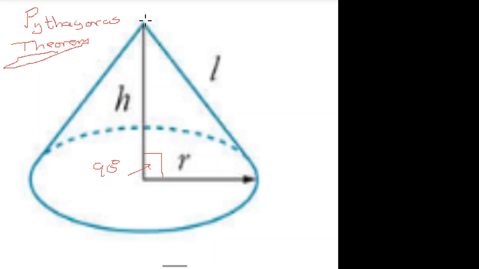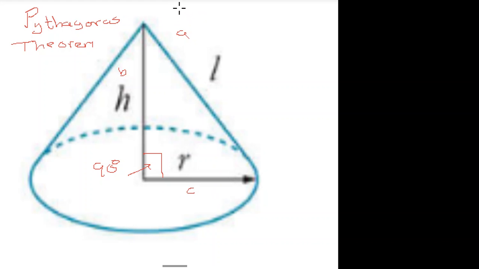So what does Pythagoras' theorem state? Imagine this is side A, this is side B, and this is side C, the lengths.